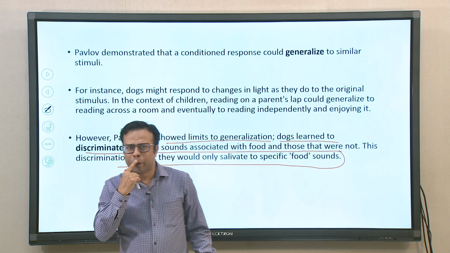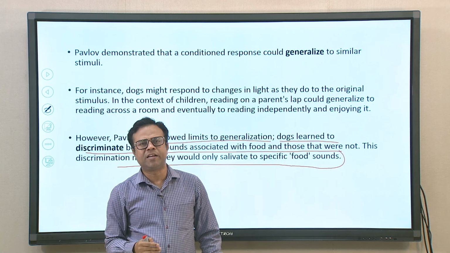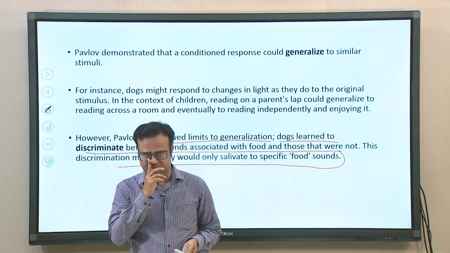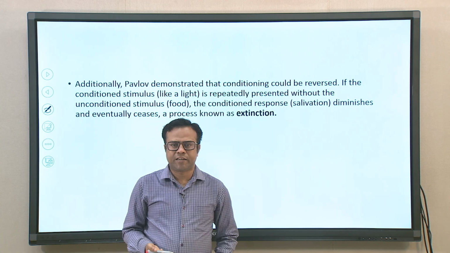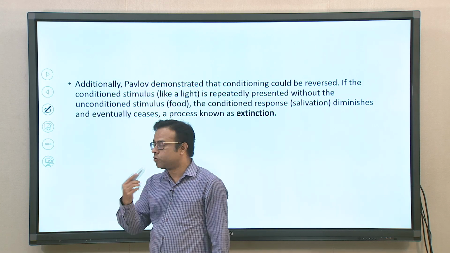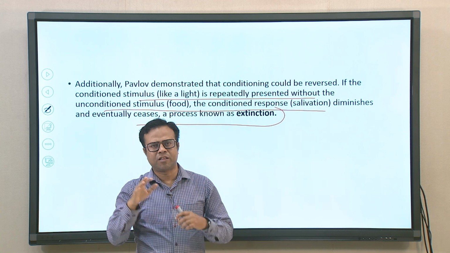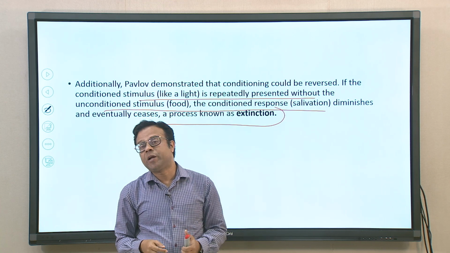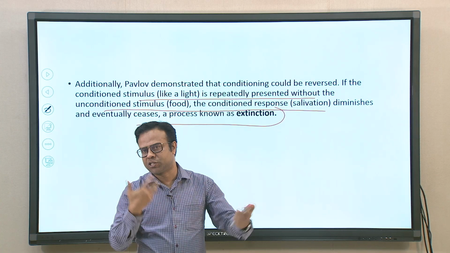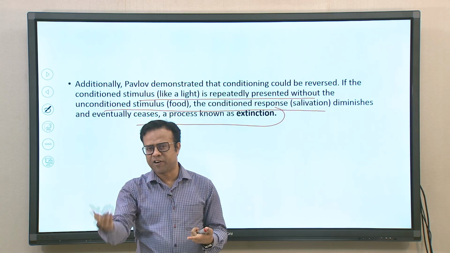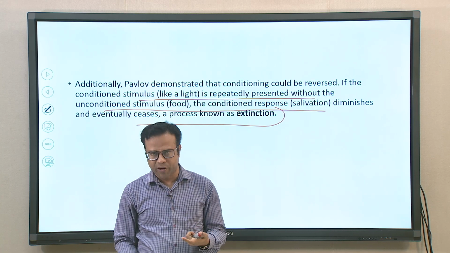So, Pavlov found in some cases generalization happened, in some cases discrimination happened. Pavlov also demonstrated that this conditioning could be reversed. If the conditioned stimulus like light is repeatedly presented without the unconditioned stimulus, the conditioned response diminishes. So, extinction was also present. All these concepts that we discussed, in the original experiment the dog showed all these processes: discrimination, generalization, extinction, spontaneous recovery and so on.